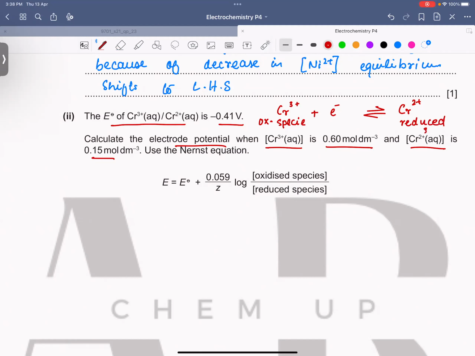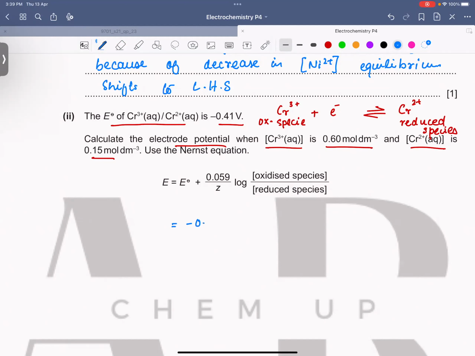And this is the reduced. Yes, is this clear? So we know the concentrations. Now we have to put the value.